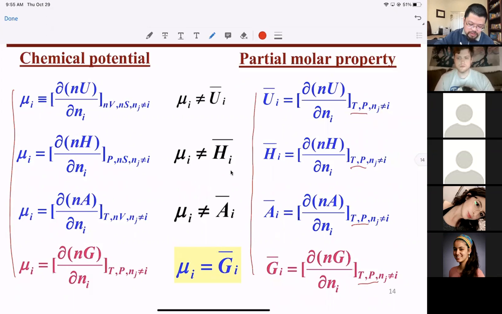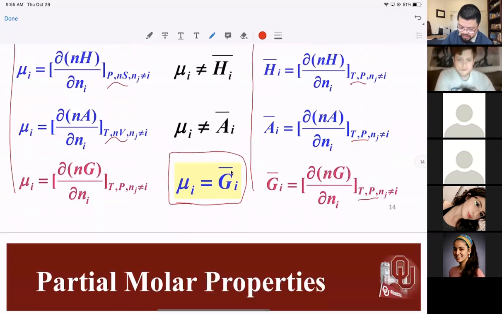Now when you go back to the previous chemical potential definition, only the last one with the help of Gibbs energy should be qualified. So the chemical potential is the partial molar Gibbs energy, but not the partial molar property of the other 3 energy equations. Okay. So again, nothing special. It's just a revisit of some concept we've discussed earlier.